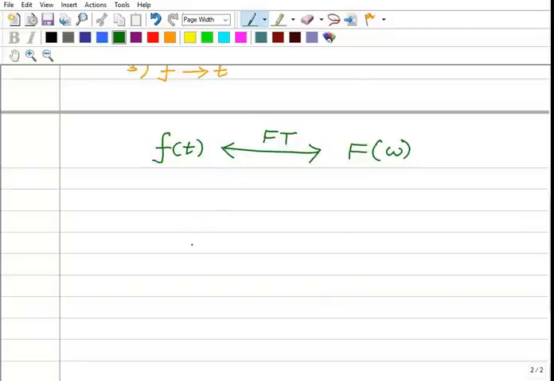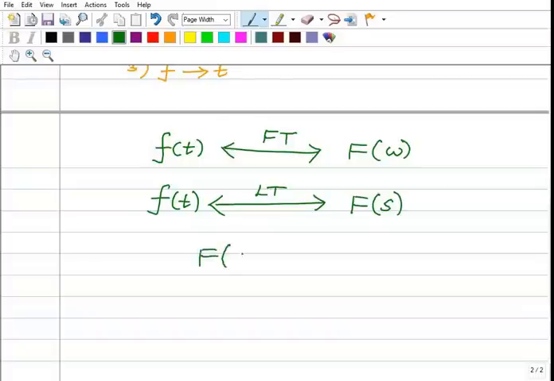Does anyone remember the Laplace transform expression? In Laplace transform, f of t in the time domain, F of s in the s domain.